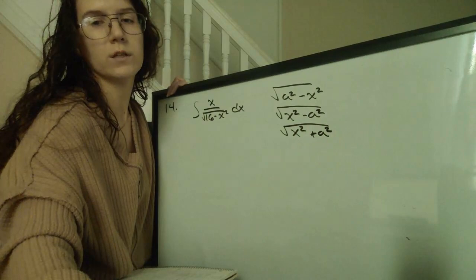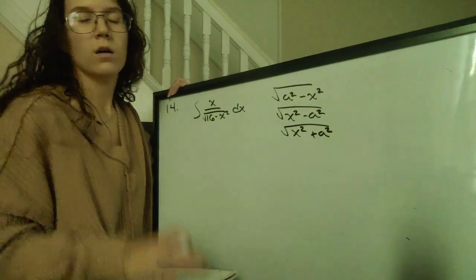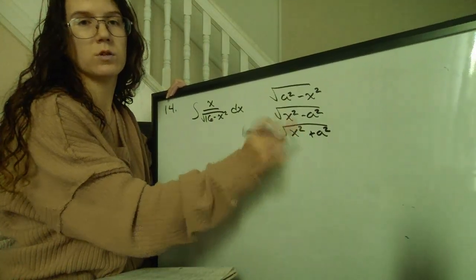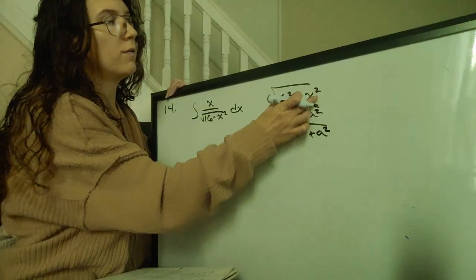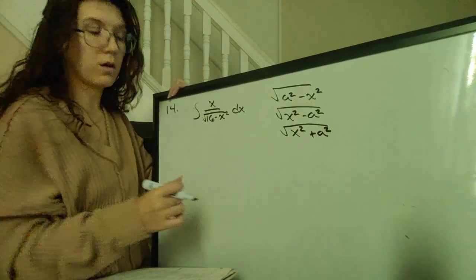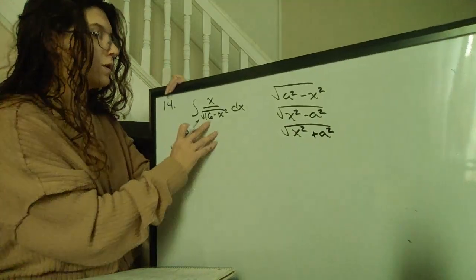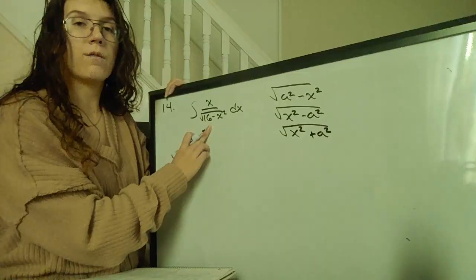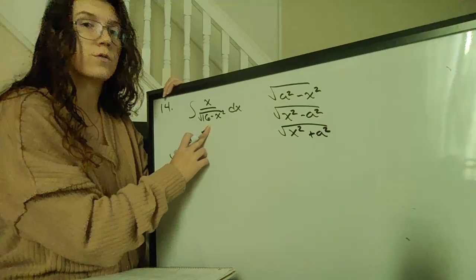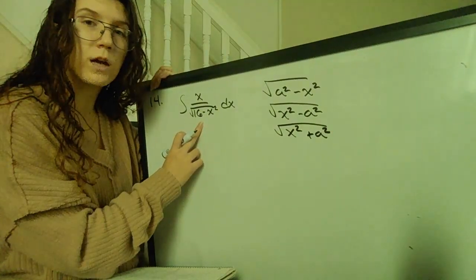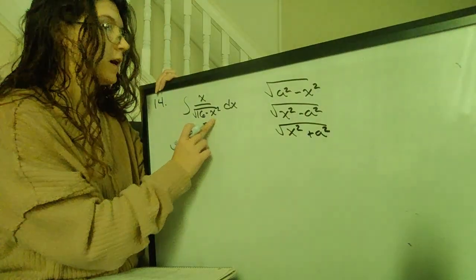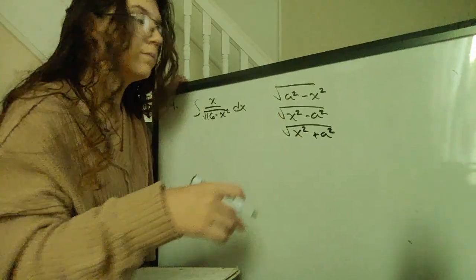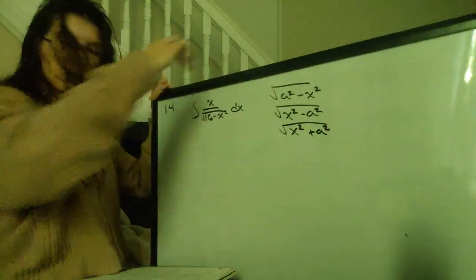And obviously that last one could be written either way, because it's plus, so it doesn't matter what order they're in, but for these, they do matter. Here, a is just going to be whatever constant we have. So here we have 16, which could be written as 4 squared. So here we actually have a squared minus x squared. So this is the one that we are going to be using.